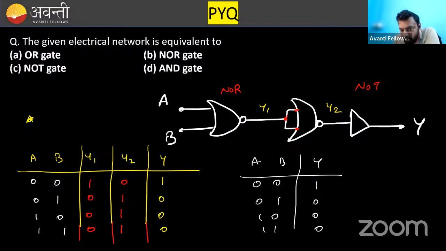You can clearly see that low inputs are giving high output, and this 1, 0, 0, 0 is stable for the NOR gate. And I think Veena has answered correctly. Veena, your answer is correct. And nobody else has answered. Balveer is saying NOR gate. Very good. So the correct option is NOR gate.